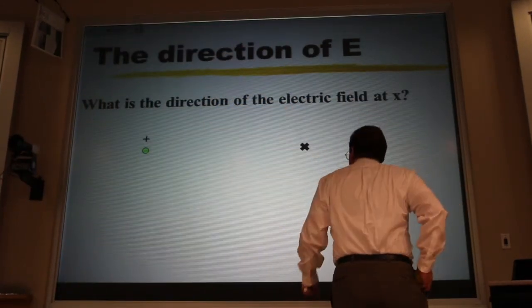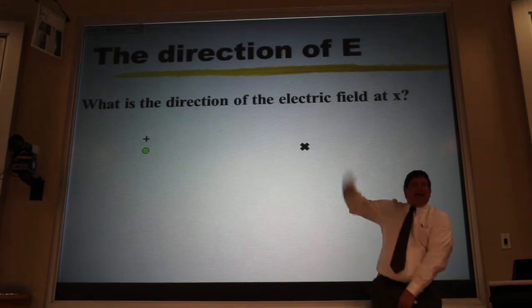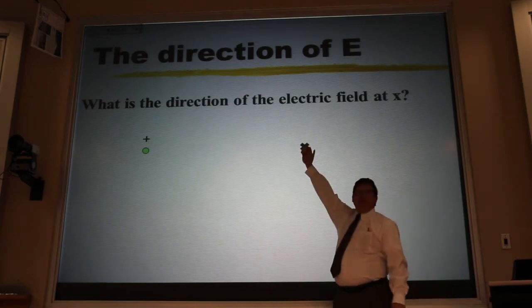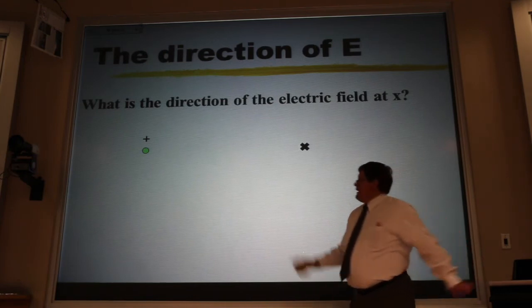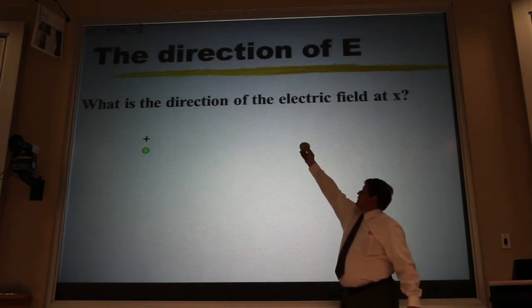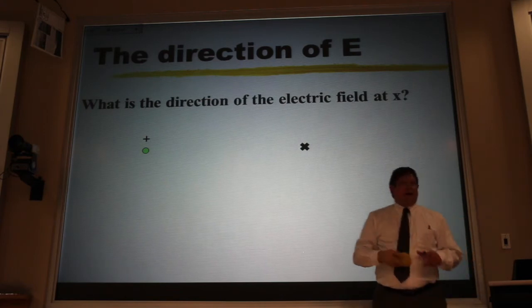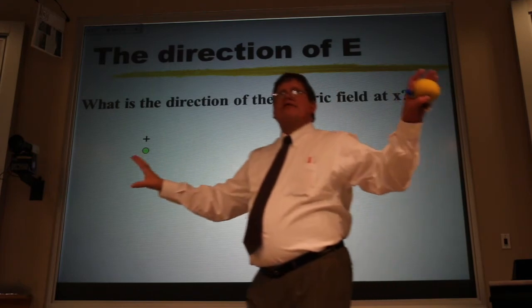The electric field says, if I reach into my pocket, and if I pull out +1 Coulomb, and if I put it at the X, the electric field will just be how hard that 1 Coulomb is pushed. Now, if that's positive and this is positive, which direction is that plus 1 Coulomb going to be pushed? Right. Away. And so I'm going to get an electric field away from a positive.